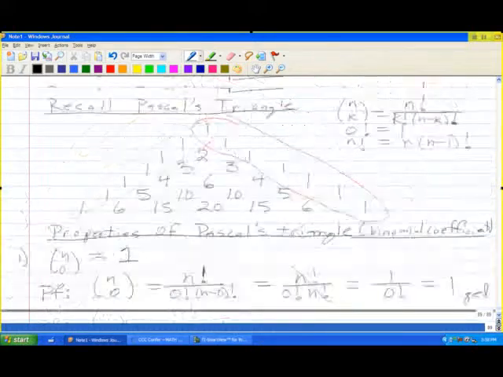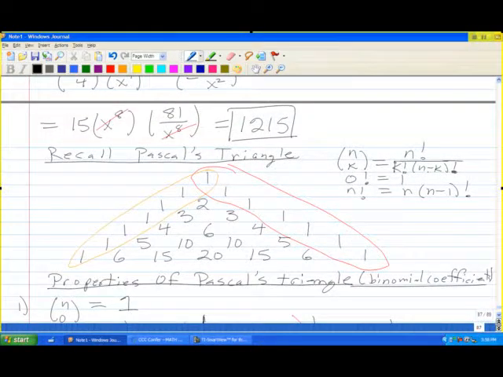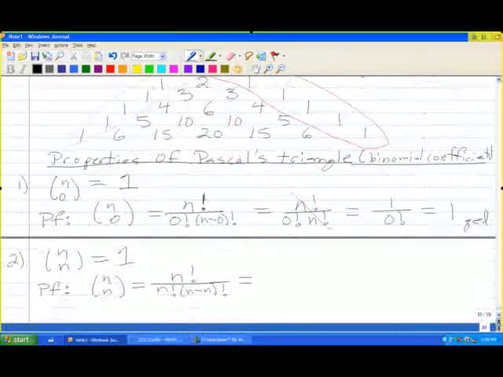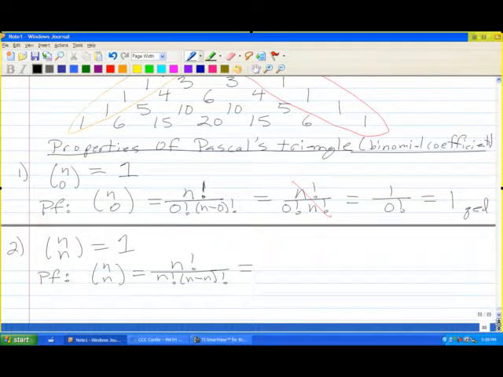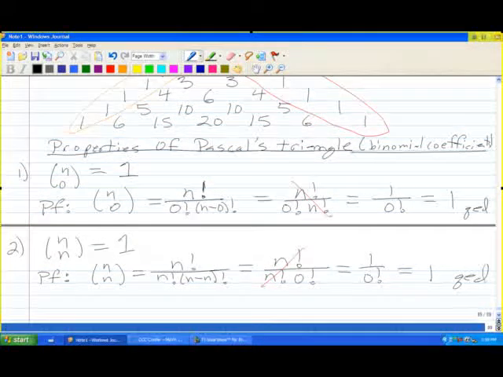Just plugging in for k in this formula here, replacing k by n. Well, again, n minus n is just 0. The n factorials cancel. 0 factorial is 1. 1 divided by 1 is 1. So you're done.